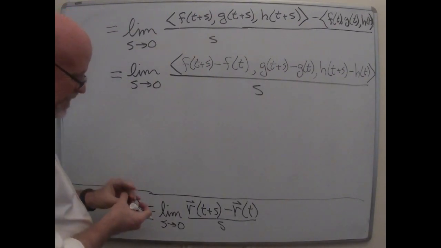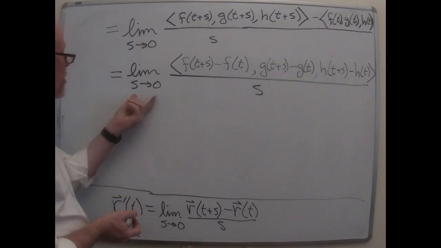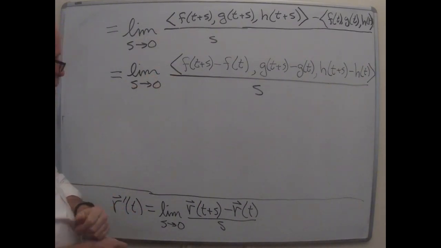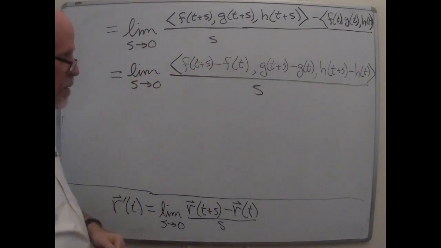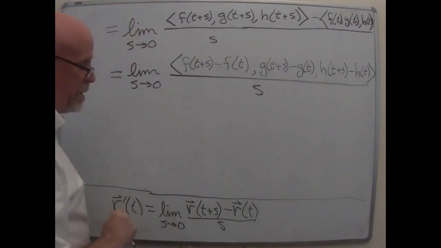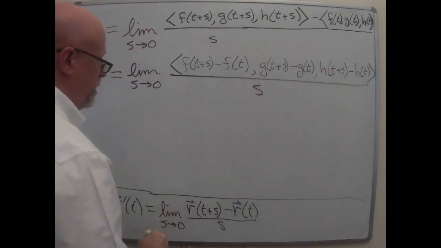Now, I don't know if I can justify this. Yeah, I can. Remember how we said what you did with the limit when you were applying the limit to something that was a vector? You just distribute it. You just bring it to the inside. And this, taking a big vector here and dividing it by s, I could turn that into dividing each of its components by s.